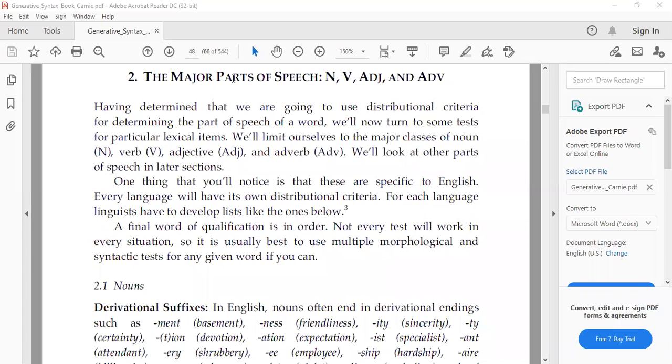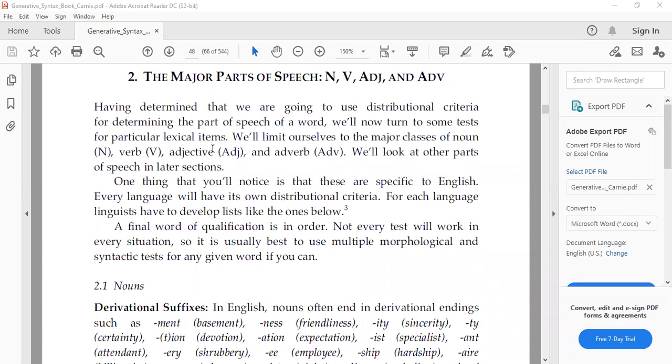And within the NP, maybe we have an adjective phrase, and within the adjective phrase, we may have an adverb and another adverb phrase. So in the hierarchy of the sentence, we have small parts that are included within larger units or larger constituents.